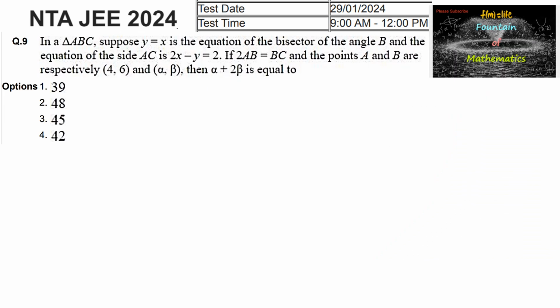In a triangle ABC, y is equal to x is the bisector.